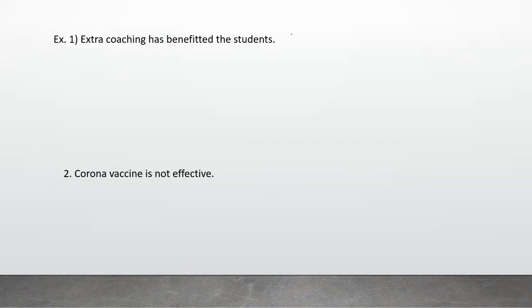Now we have a few more examples. Extra coaching has benefited the students. If I put this as my H naught, what will be my H1? That extra coaching has not benefited the students.